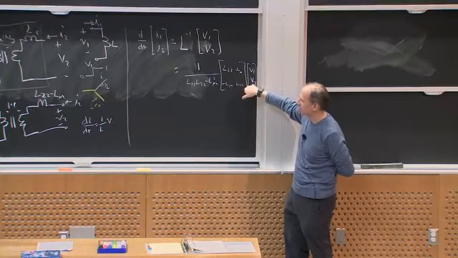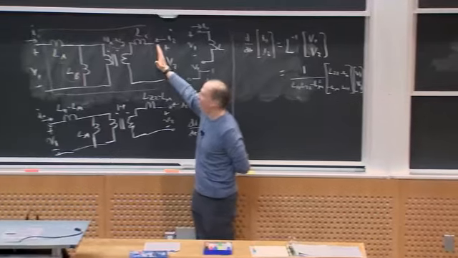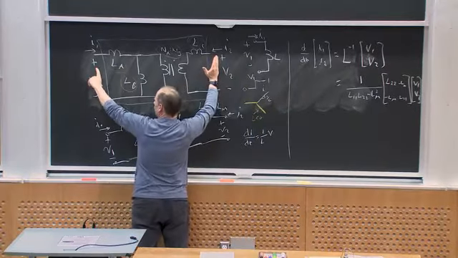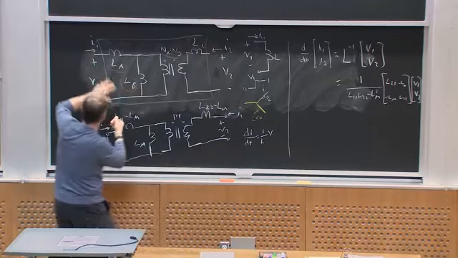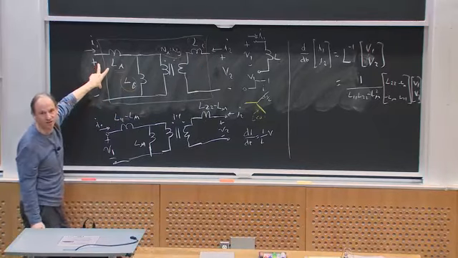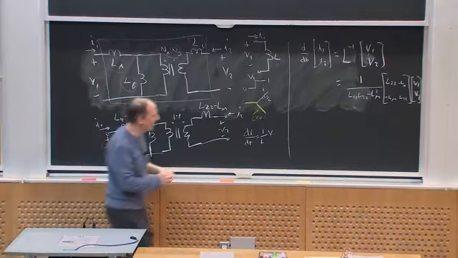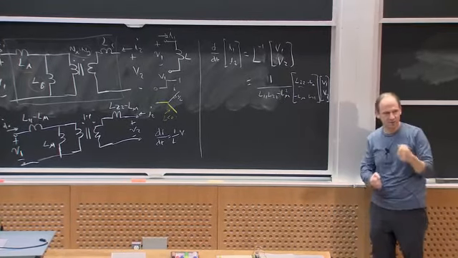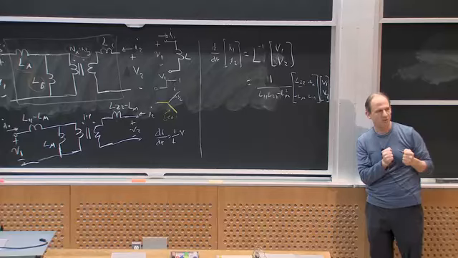Suppose I made V2 zero, which would be me dropping a short on the secondary side. And then I apply a voltage over here. What should happen? Well, the same thing. If I have a short over here and I apply a voltage over here, I should see some inductance there, right? And I should see energy ramping up into it. Well, that only happens if L22 is a positive number, because that's the inductance measured on the secondary side with the primary open.